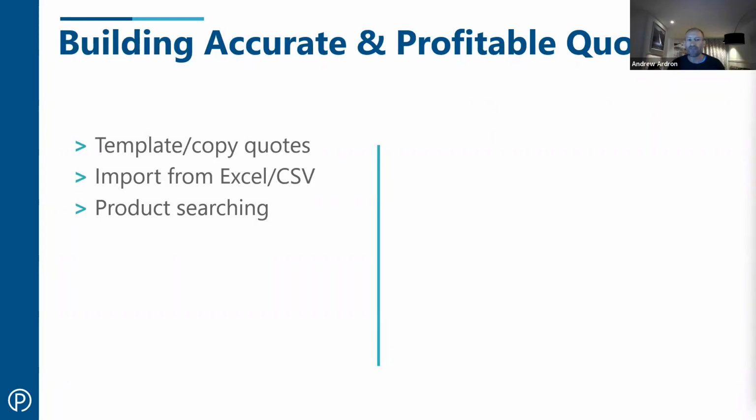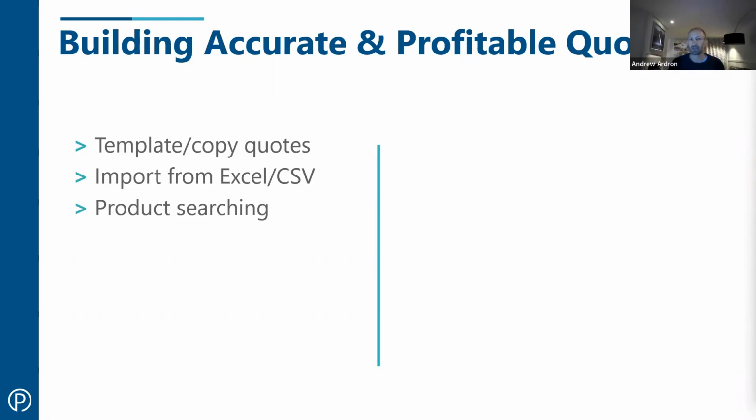So, if there are typical quotes that customers ask for, particularly I'm thinking about either new customers who are taking a range of samples, you can create a template which has got all of those samples on, and then make it really easy for the sales team to put that quote together.